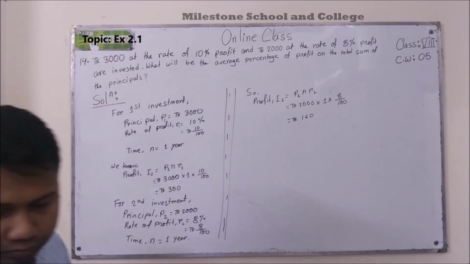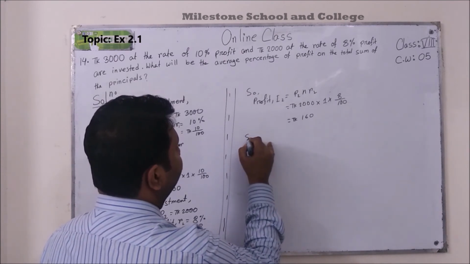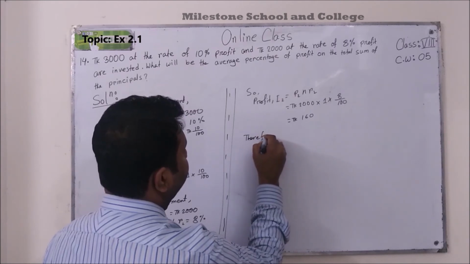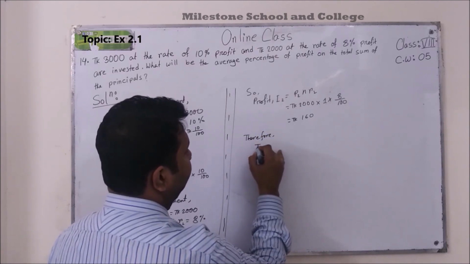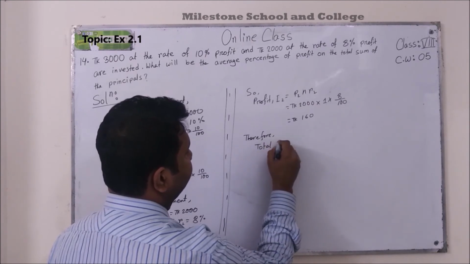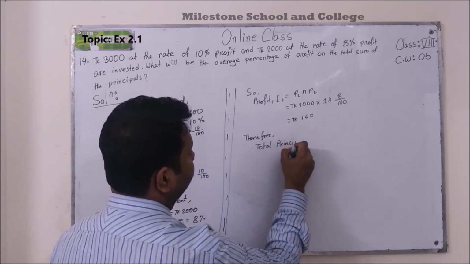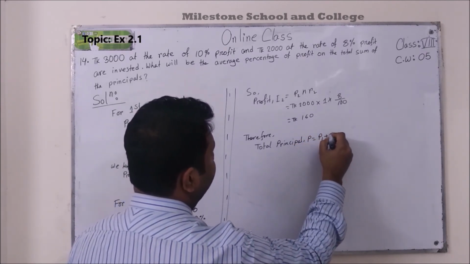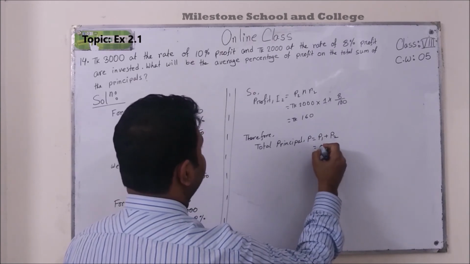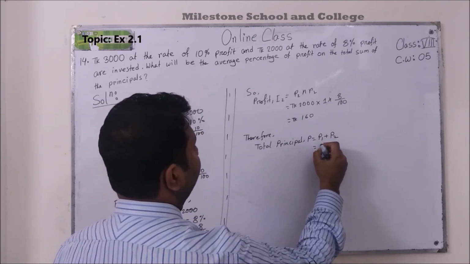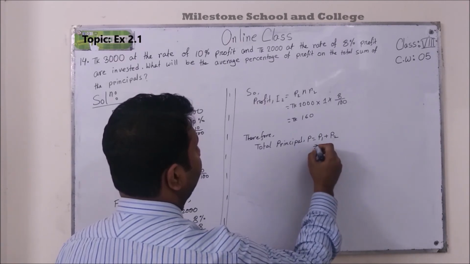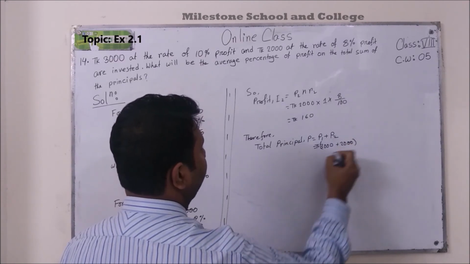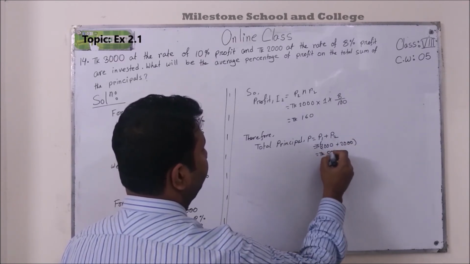Therefore, total principal P equal to P1 plus P2, that equal to 3000 plus 2000, that equal to taka 5000.